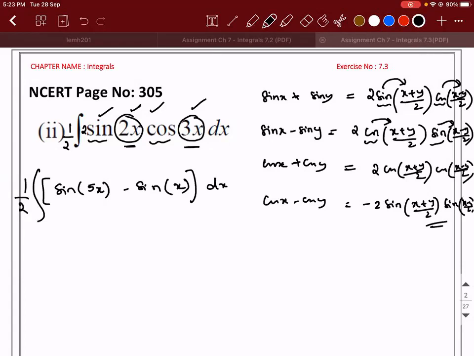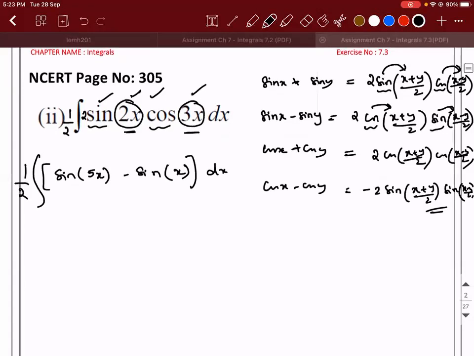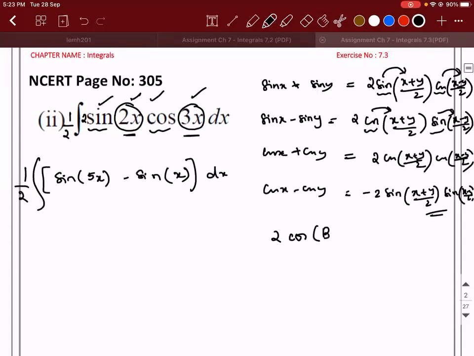This is the final value. So what I'm trying to say is, you have 2 cos of bigger value and sine of smaller value. We need to write it as sine of bigger value plus smaller value, not plus, minus sine of bigger value minus smaller value.